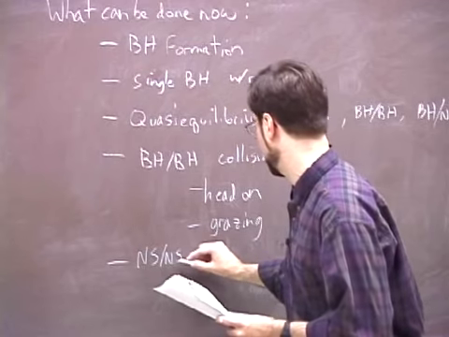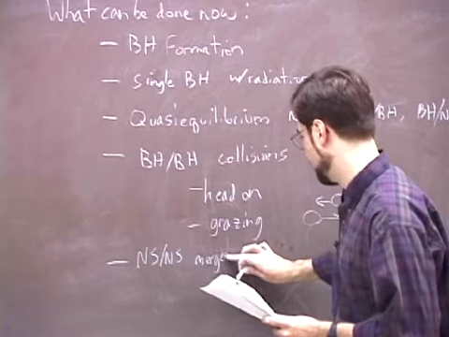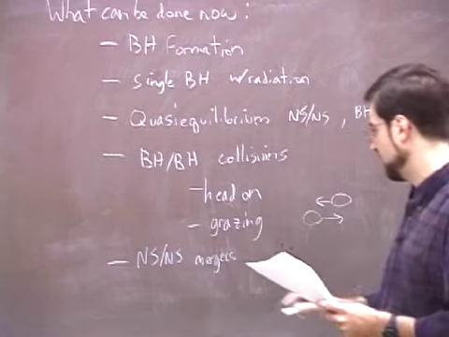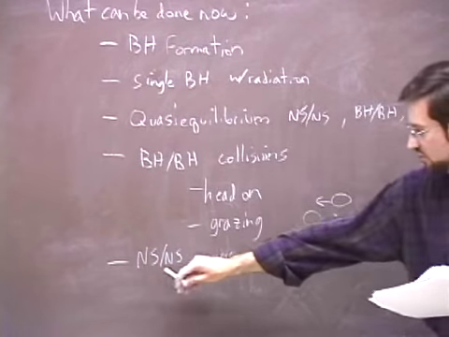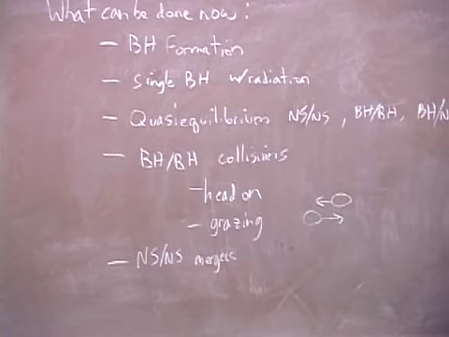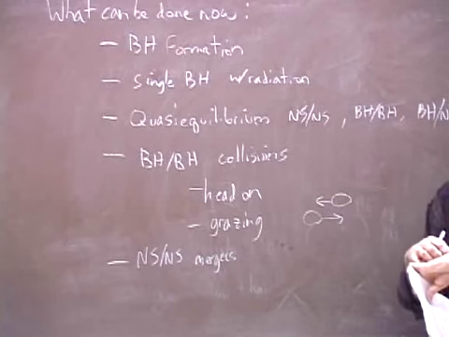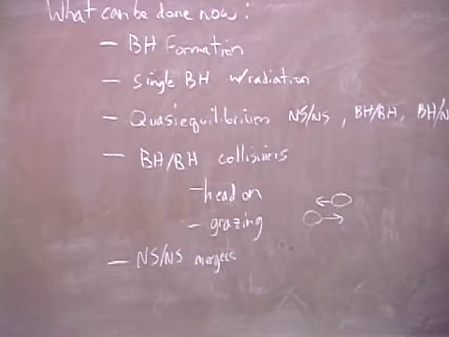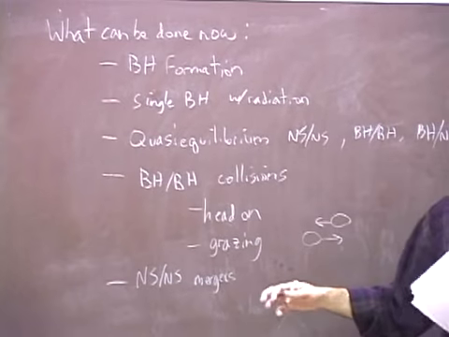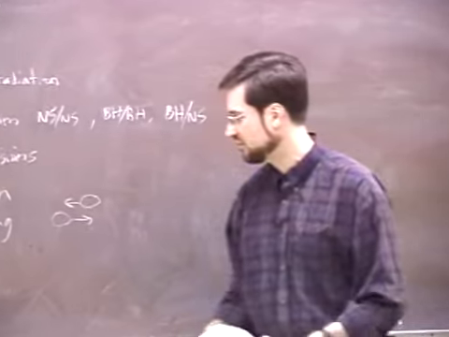Same with neutron star-neutron star mergers. In fact, there was just a paper that came out on the web, I think it was today, by Shibata, where they do a very nice simulation of neutron star merger, and you can see black holes forming in some cases, or you can see the normal modes of the neutron star ringing down in other cases, so they can get both black hole and neutron star final states from this.